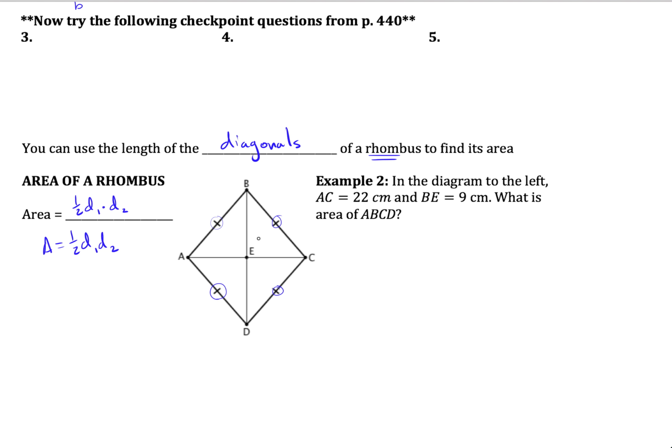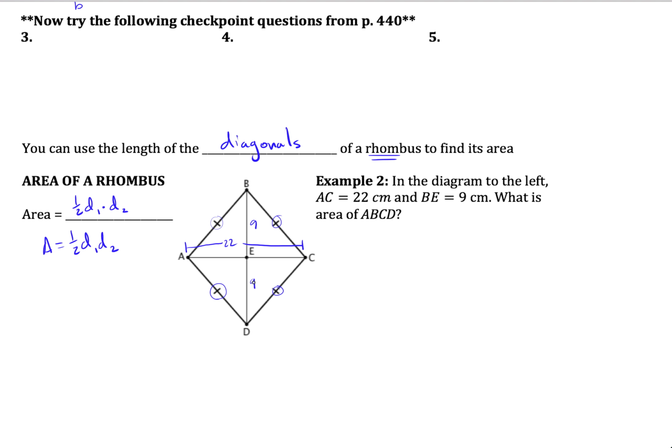It says in this diagram AC is 22. So let's go ahead and sketch that in. From A across to C is 22 centimeters. And from B to E is 9 centimeters. So from B down here to E is 9. But that also means then from E to D would be 9, because we remember that in all parallelograms the diagonals bisect each other.